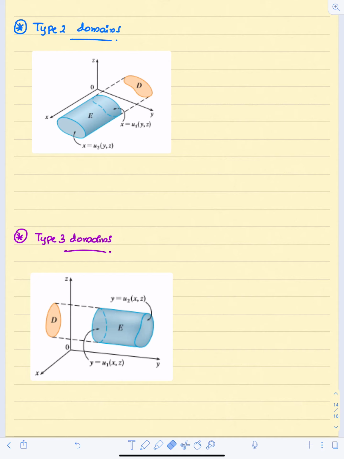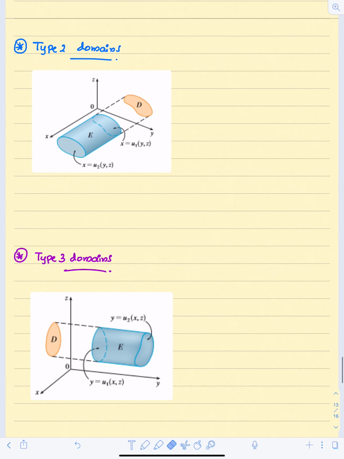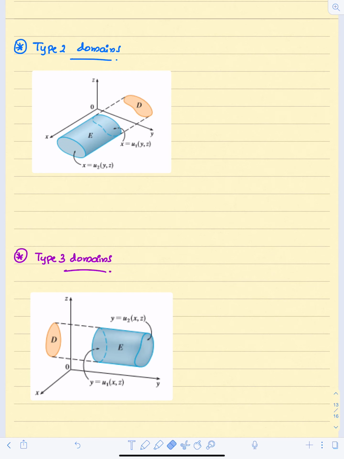Now we are going to consider the remaining two types, type 2 and type 3. Type 2 domain is a solid region where x values are bounded by two surfaces, u1 of y comma z and u2 of y comma z, and your y and z values are in domain D, and domain D is in the YZ plane.